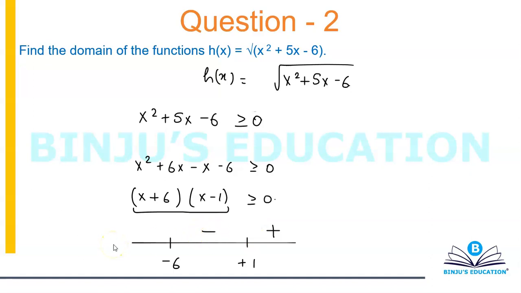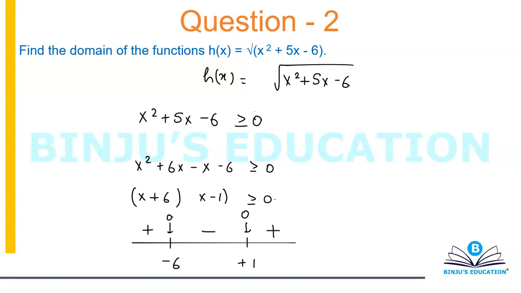And if I go to the left of negative 6, the function will also be positive. Take any value, for example, take negative 10. Negative 10 plus 6 is negative 4. Negative 10 minus 1 is negative 11. Two negatives when multiplied become positive. At positive 1, the function is 0. At negative 6, the function is 0. What I am looking for is greater than or equal to 0.